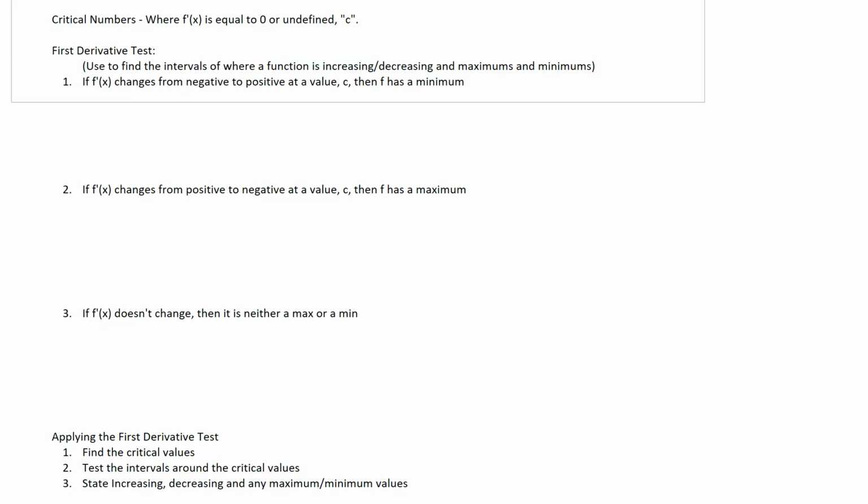And so we say that critical numbers are where f prime of x is equal to 0 or it's undefined. Because remember, f prime of x equal to 0 is where your horizontal tangents are going to lie. And so how do I find critical numbers, and how do I figure out that they are minimum or maximum values where that horizontal line to the tangent is?